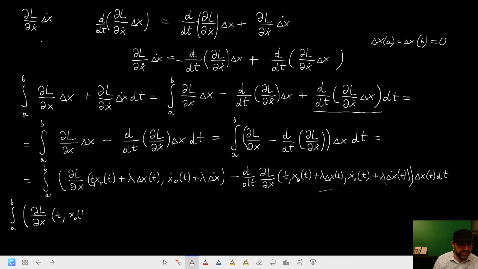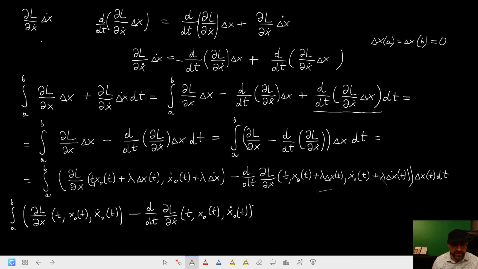Now it's much shorter because lambda is equal to 0, so it disappeared. Minus the derivative over time from the derivative over velocity from the Lagrangian, t, x0 t, x t.